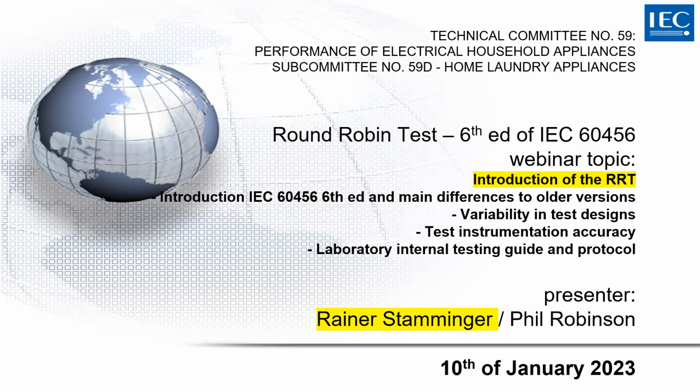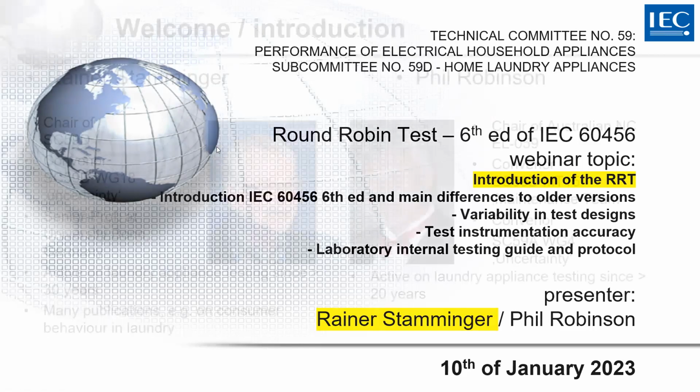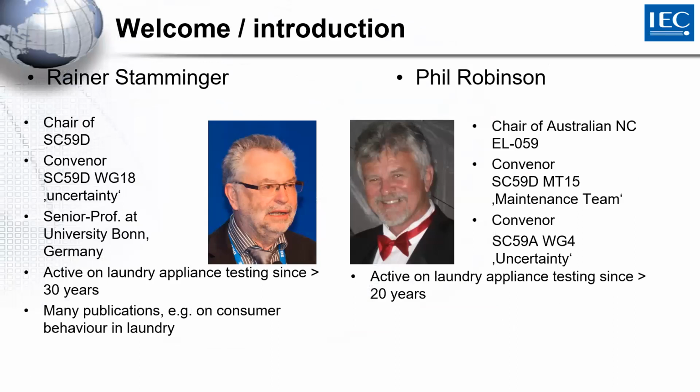First of all, I have to introduce myself. I'm Rainer Stamminger. And here you see my face. Now you see me on a little bit older picture where I have less gray hair. I am chair of 59D, which is a subcommittee preparing the laundry standards. And especially I'm convener of working group 18, which is working on uncertainty, which is the topic of the round robin test.